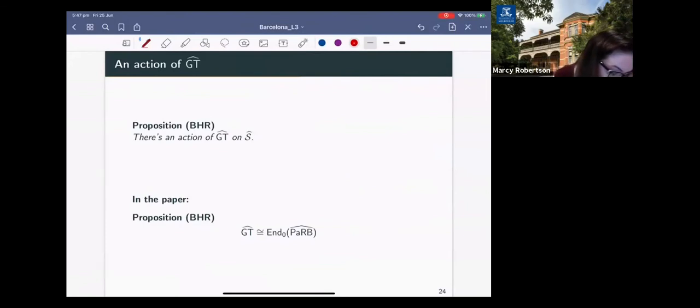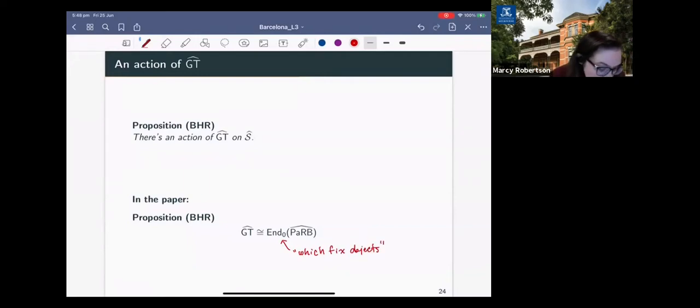There's an action of the profinite Grothendieck-Teichmüller group on this operad in groupoids, on the profinite completion of S. Okay, and just a warning, we actually prove something that's both stronger and slightly different, which is that you actually have an isomorphism of the profinite Grothendieck-Teichmüller group with, and this little zero means automorphisms or endomorphisms of PaRB, which fix objects. That's what the little zero means.